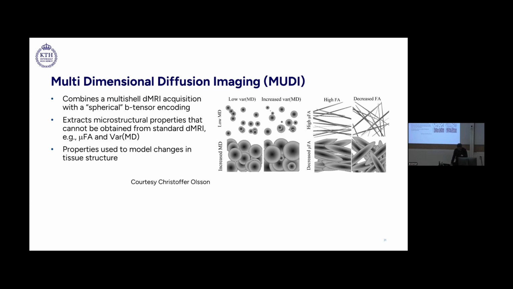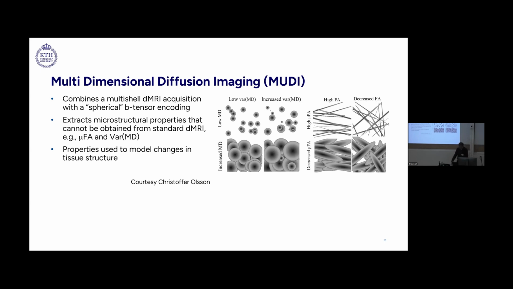Maybe the people who are familiar with diffusion. Here you have an extra acquisition that is called spherical b-tensor encoding. And with that you get way more information about what is happening in the microstructural properties in the voxel.